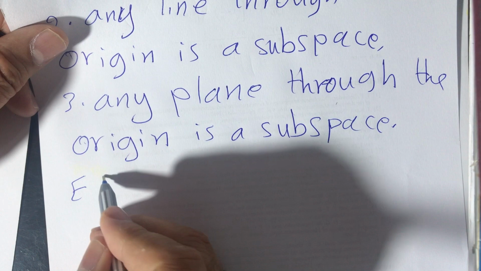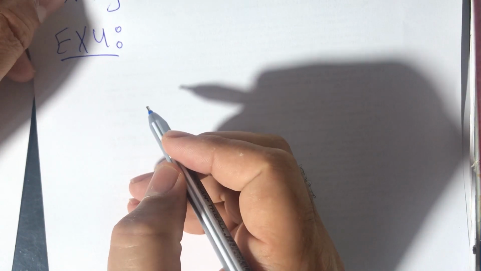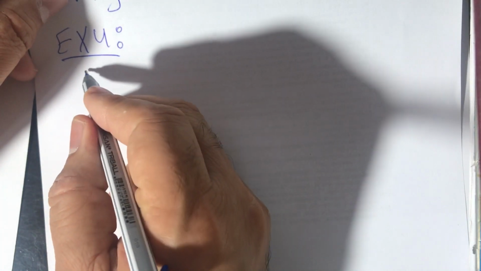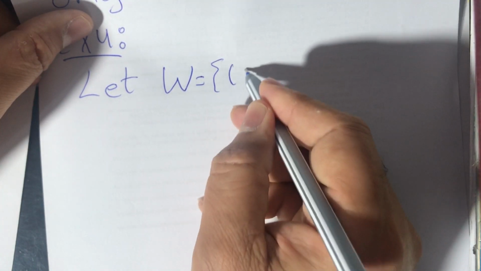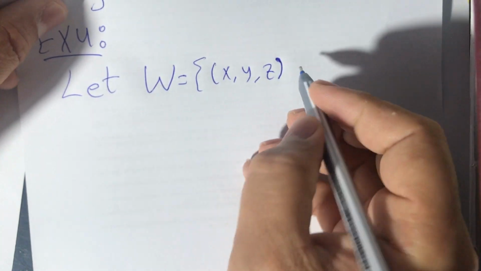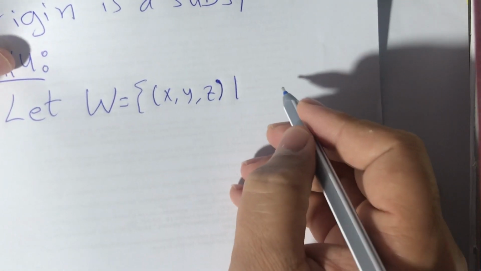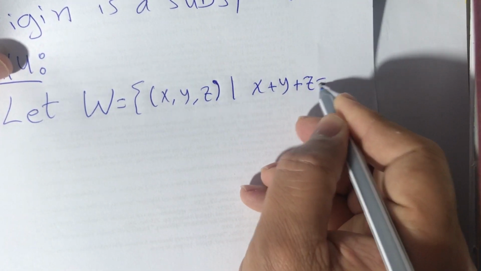Example 4. Let W be equal to {(x, y, z)} such that x plus y plus z is equal to 1.